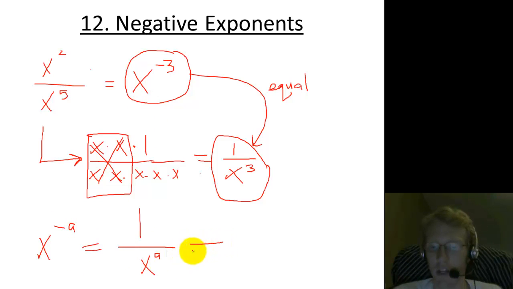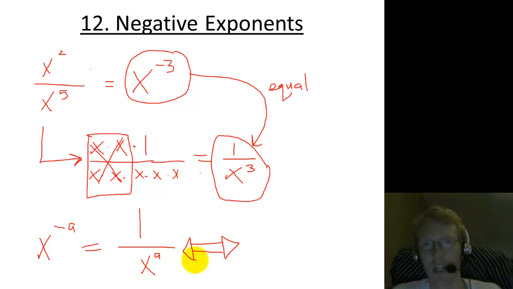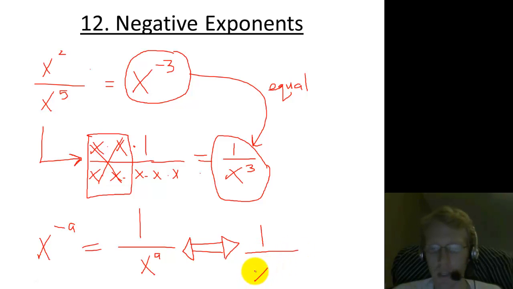Now, on the other hand, what if you have a negative exponent in the denominator? What happens when you divide by a fraction? Dividing by a fraction is the same as multiplying by the reciprocal. So if you have in the denominator x to the negative power, that's the same as 1 over 1 over.